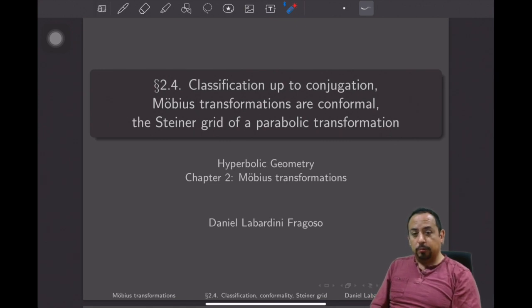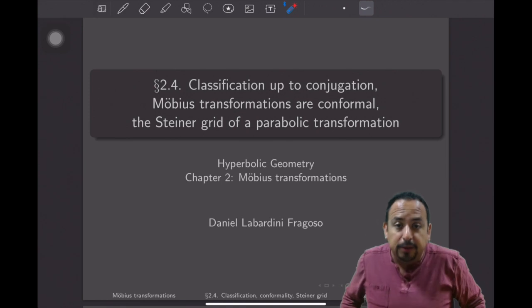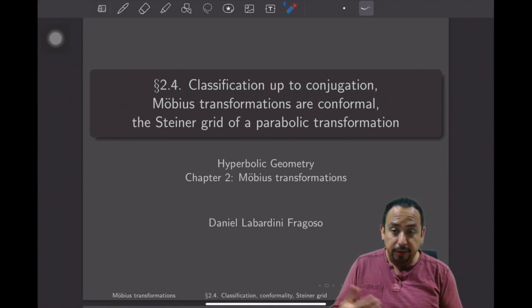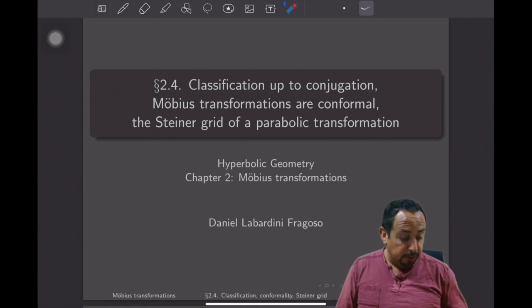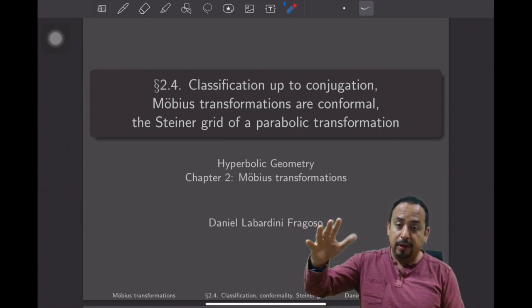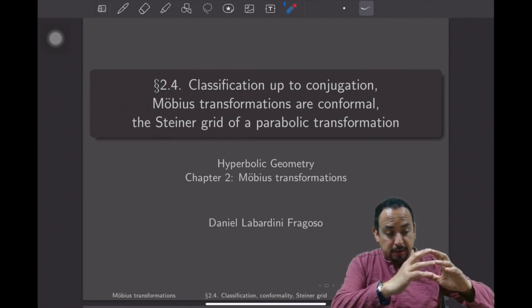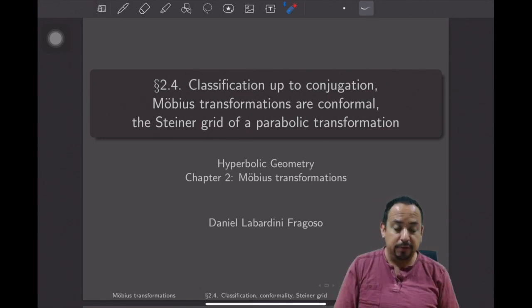Then we're going to recall the statement that Möbius transformations are conformal, and this is because they are holomorphic bijections of the Riemann sphere. And then, using the fact that every Möbius transformation is conjugate to a standard example, we're going to take the geometric picture we drew for the standard examples and apply the inverse of the conjugating Möbius transformation to obtain a geometric picture for arbitrary Möbius transformations.